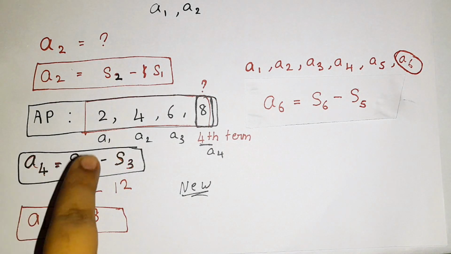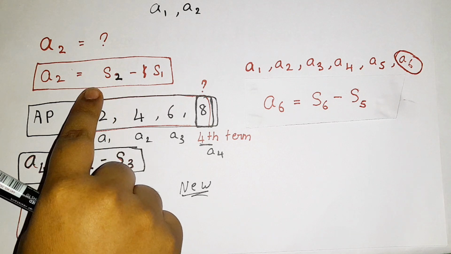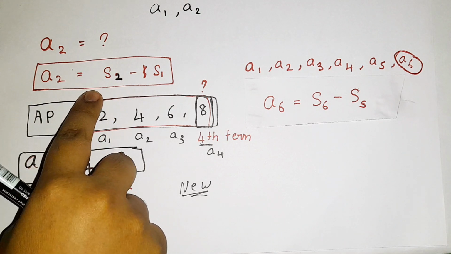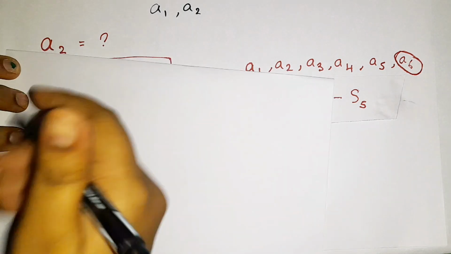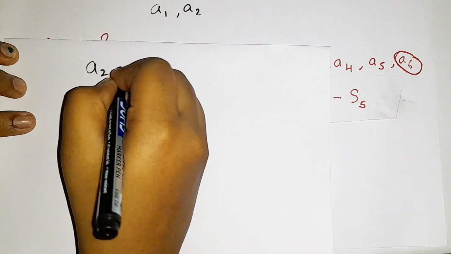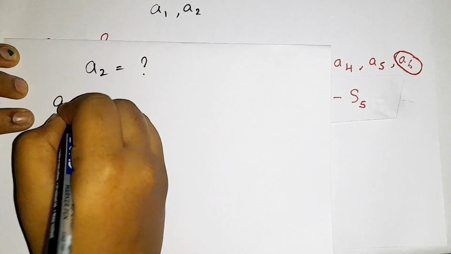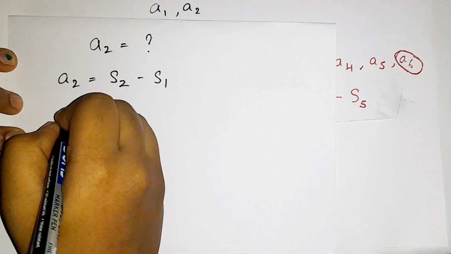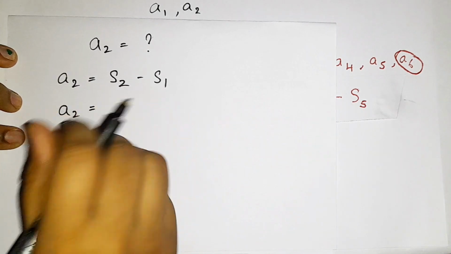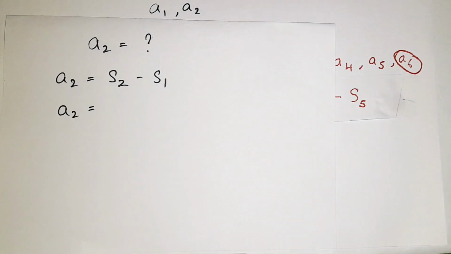Some people mug up the formula, but you are not supposed to mug it up. You should understand it. Okay, so we are supposed to find A2, that is the question mark. A2 is equal to sum of 2 terms minus sum of 1 term. Okay, so A2 is equal to, what is the value for sum of 2 terms?